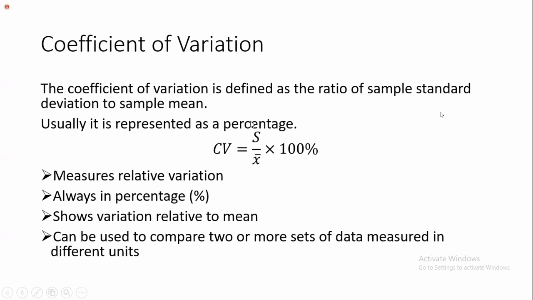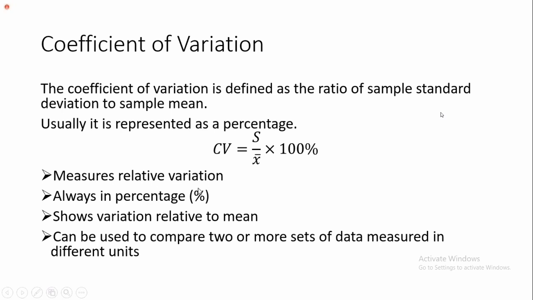Here we multiply this ratio by 100 to get a percentage value. It's a coefficient, and we represent that coefficient as a percentage. That is why we multiply that ratio by 100. Okay, right. Now come to the next point.